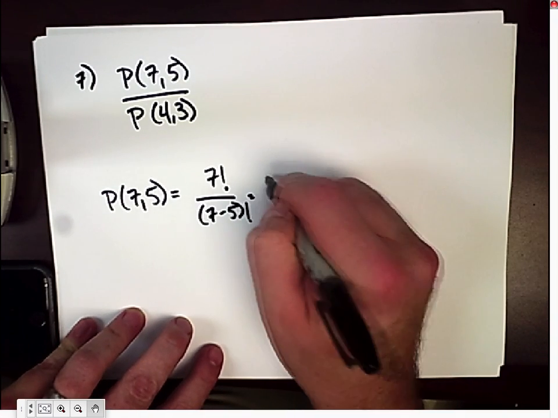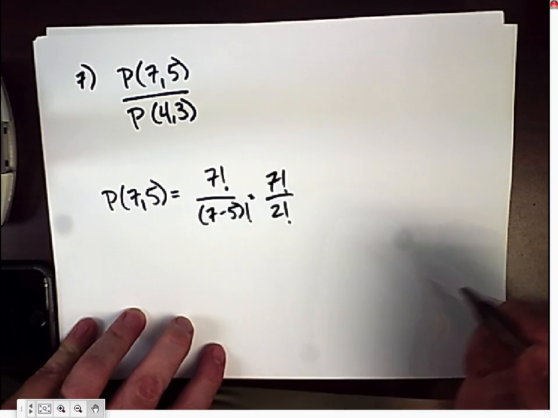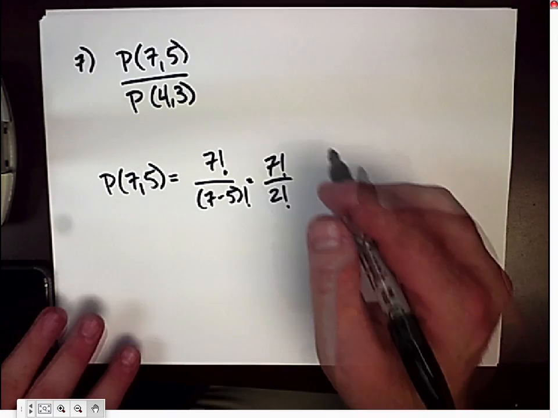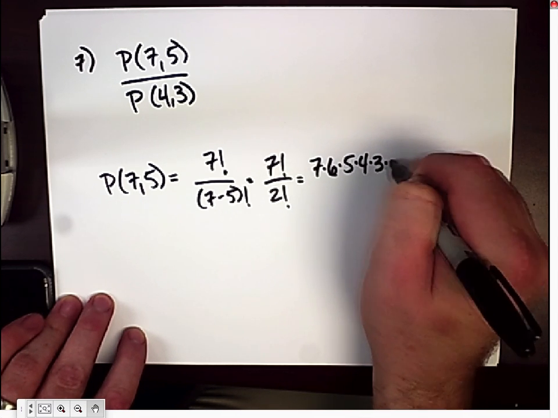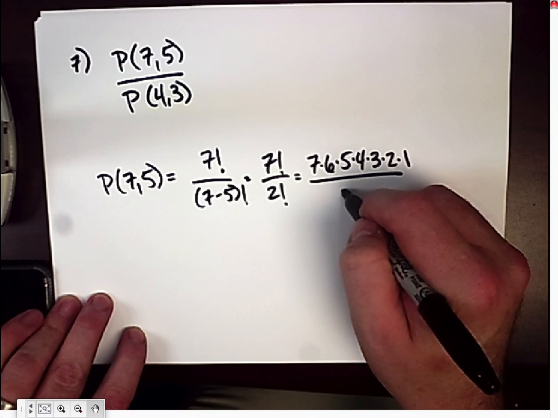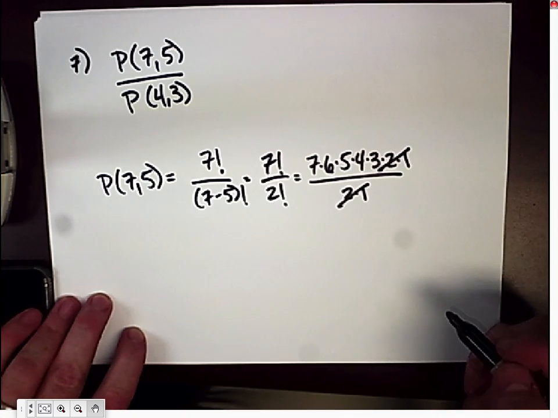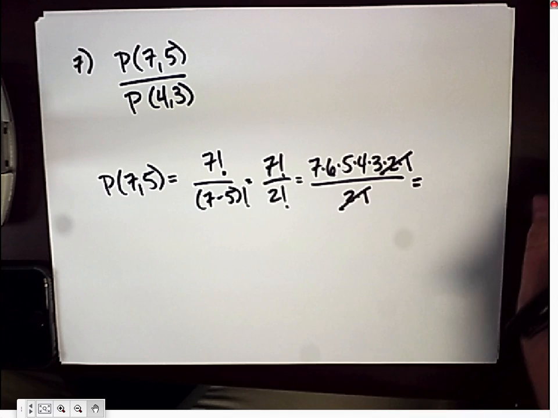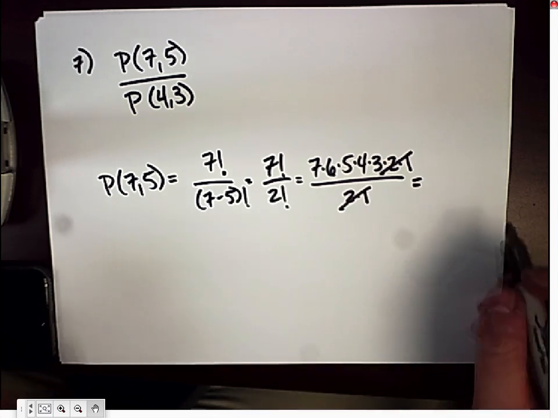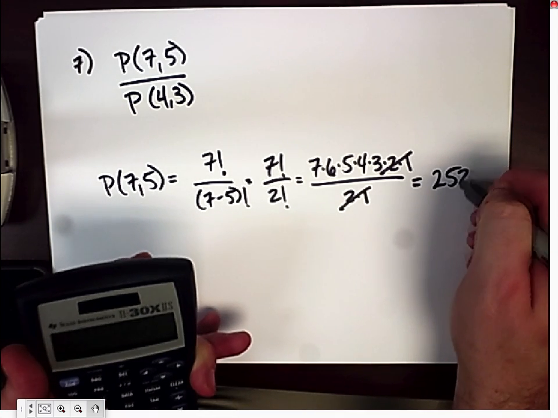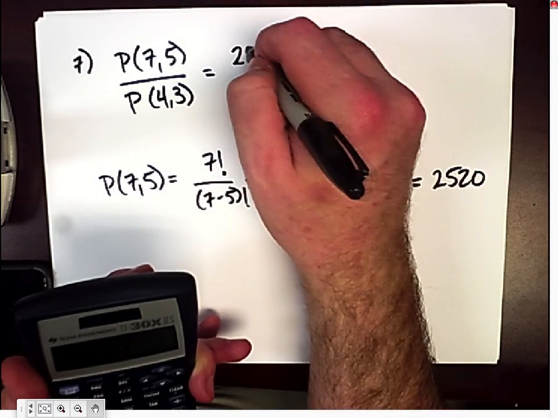So that is 7 factorial over 2 factorial, which is 7 times 6 times 5 times 4 times 3 times 2 times 1 over 2 times 1. So that ends up being 7 times 6 times 5 times 4 times 3 times nothing. All right, is 2,520. So that's what this is.